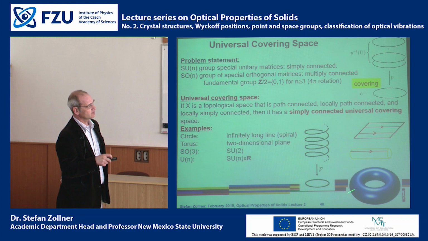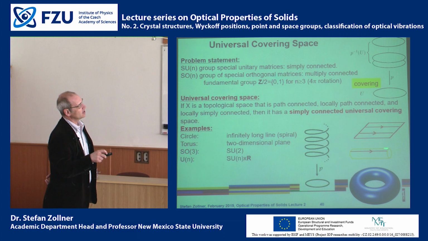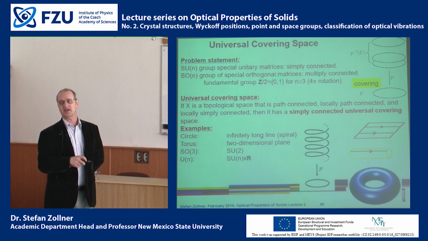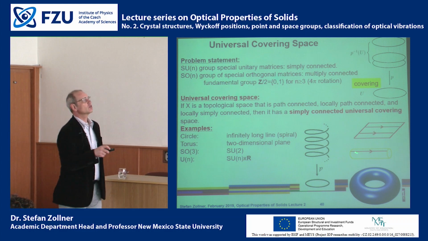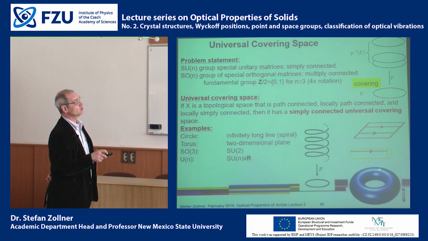Well, first I cut here. And then if I cut the torus across here, then I'm getting a tube. And then I make a second cut along this direction, and I roll out the tube to get a sheet of paper. So this sheet is the universal covering group for the torus.